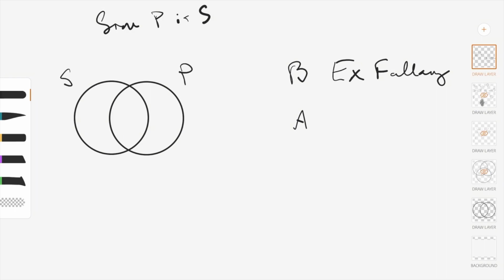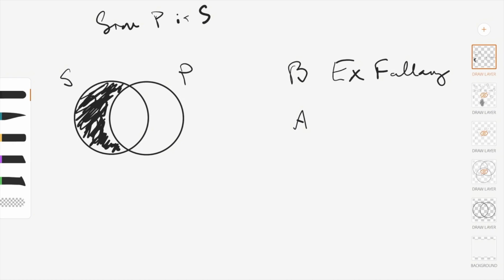All S is P, obviously, is universal because it meets the pattern for existential fallacy. So we're going to shade the region of S outside of P so that it's empty. There we go. That region is empty.